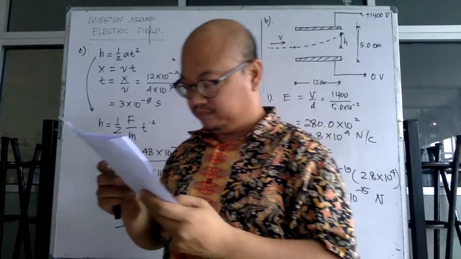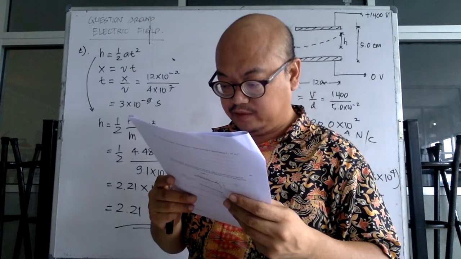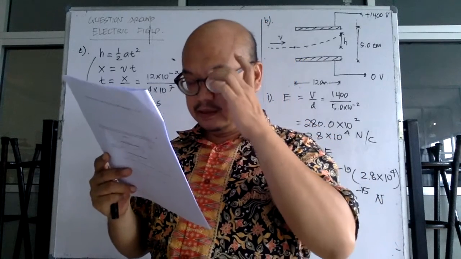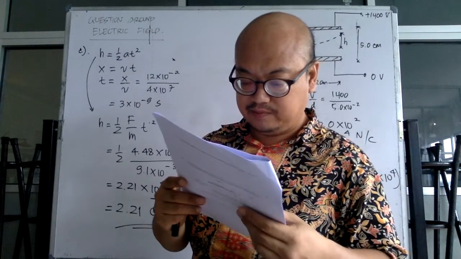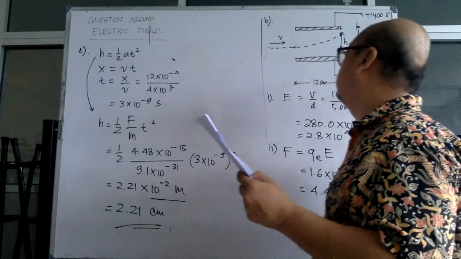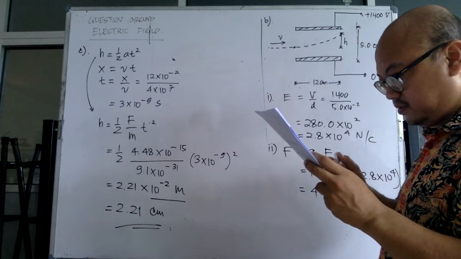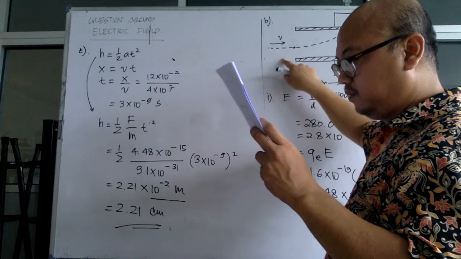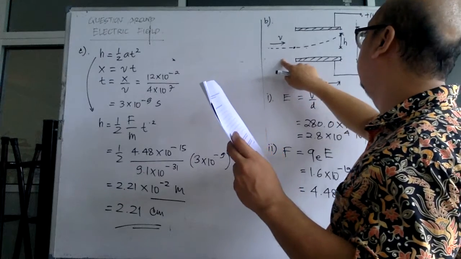Then part D. At figure 2, the path the electron beam will follow if the potential difference between the horizontal plates decreases.